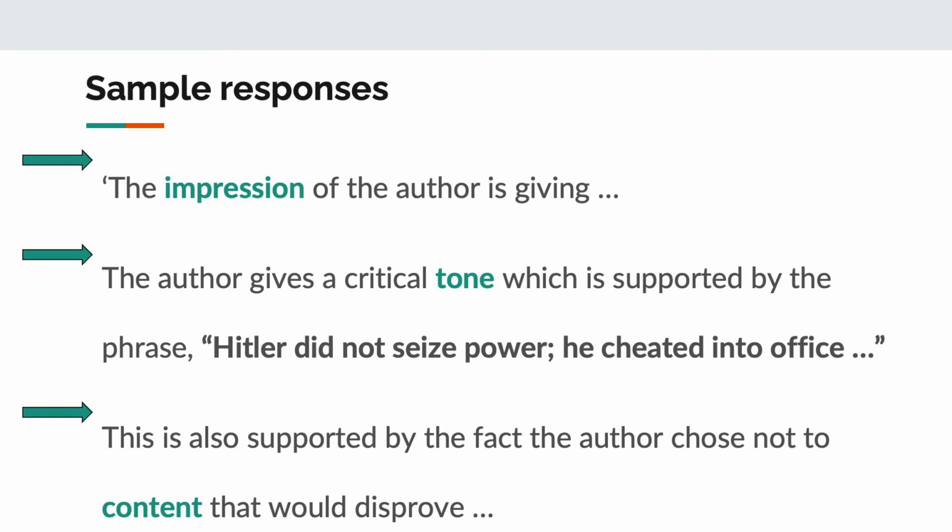And if possible, talk about the content. For example, Mr. Bullock deliberately chose not to talk about, in this case, the fact that even though Hitler lost the election, the Nazi Party becomes the largest party at that time. Why does Mr. Bullock leave that out?